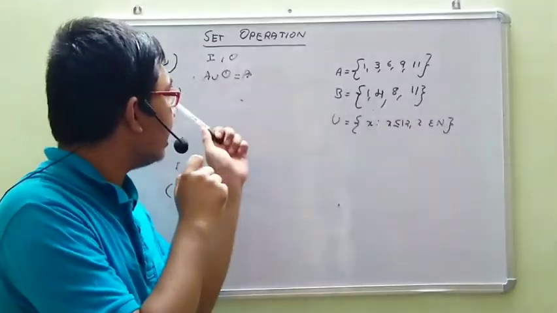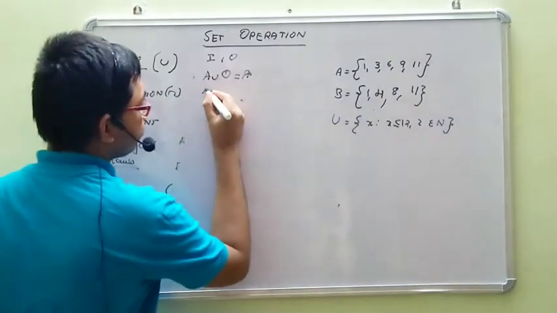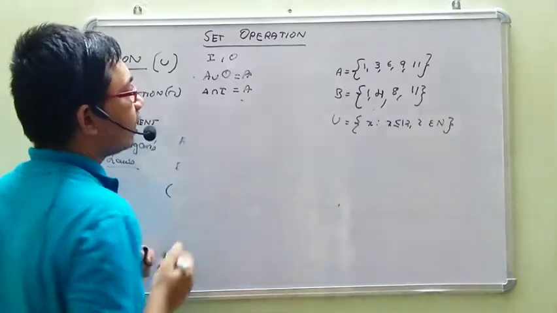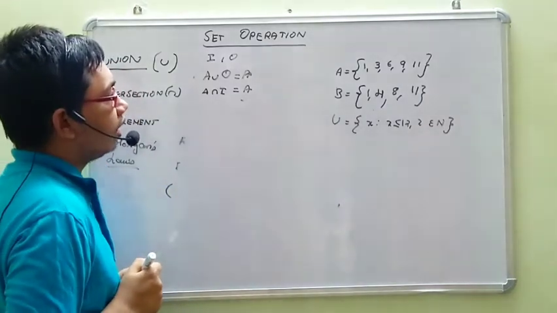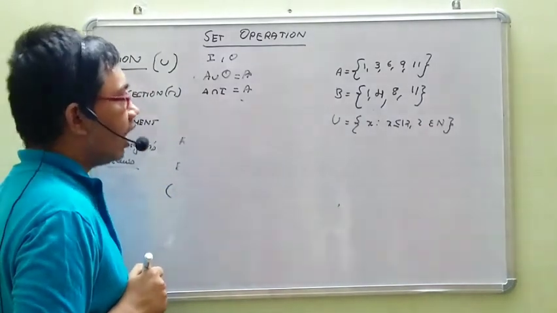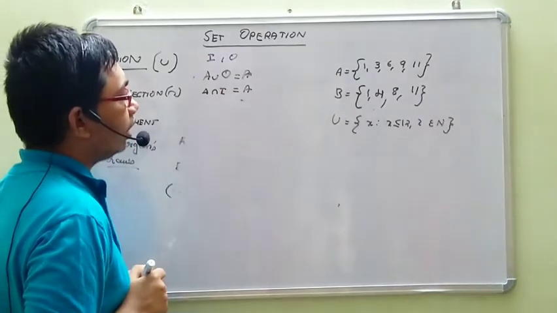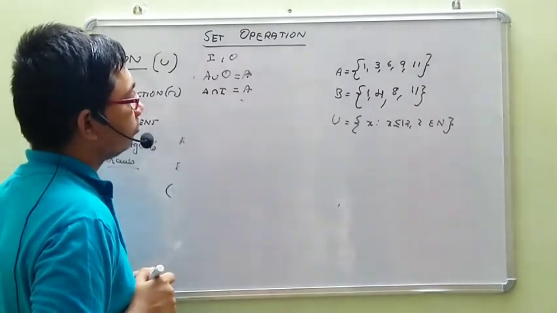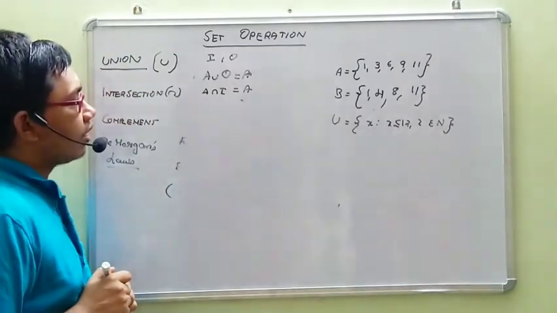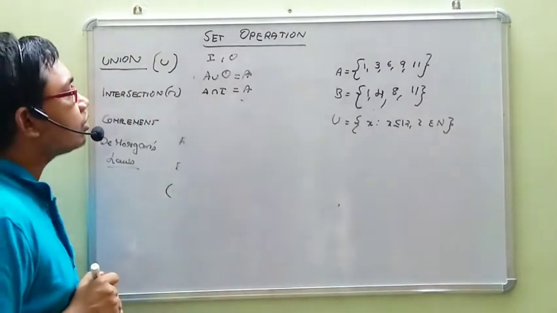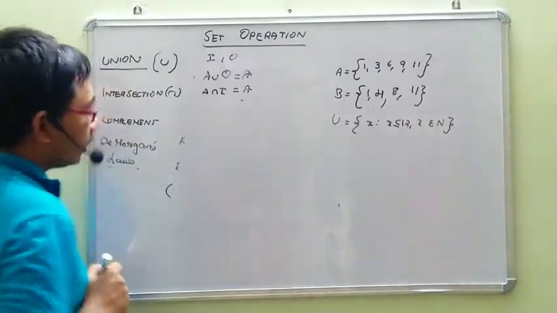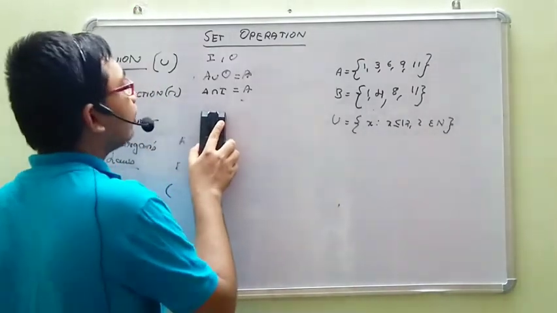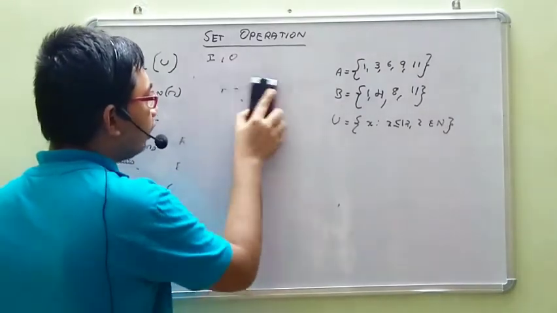Similarly, if A intersection I is equal to A, then it is called the multiplicative identity. It is related to that, but these are not important for us.